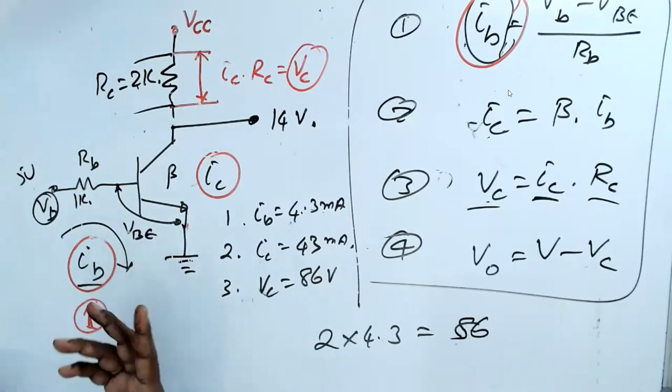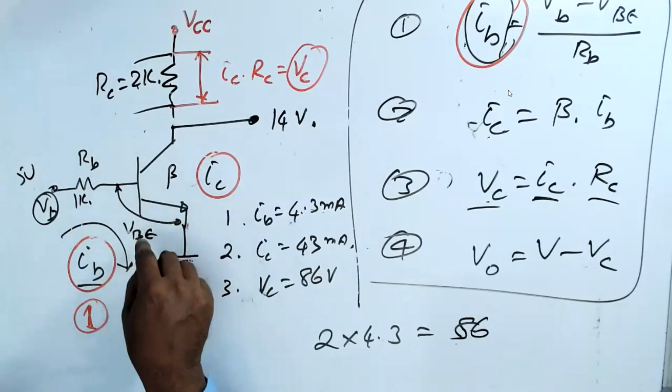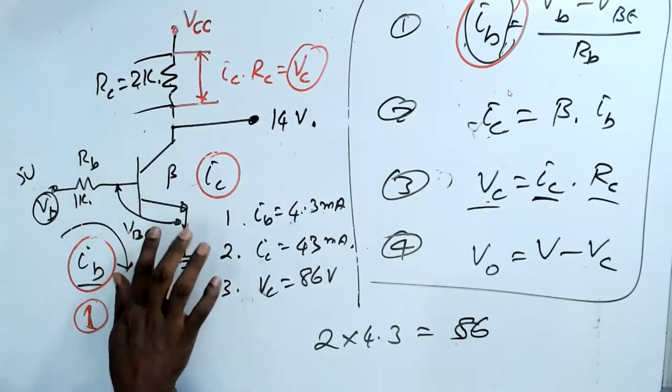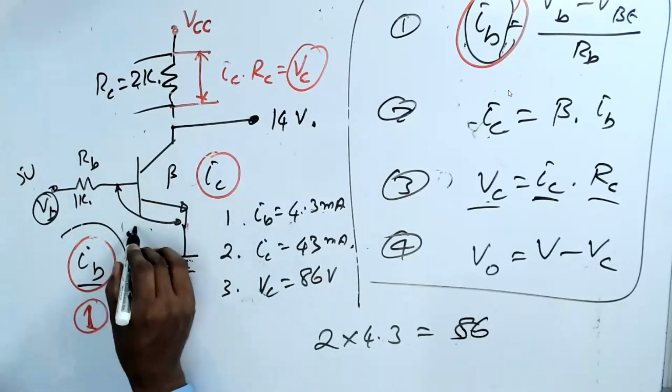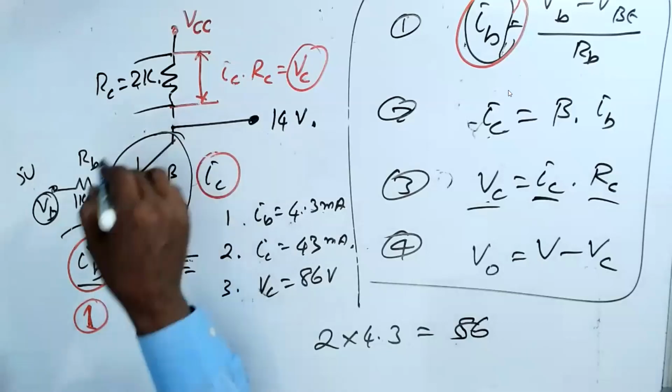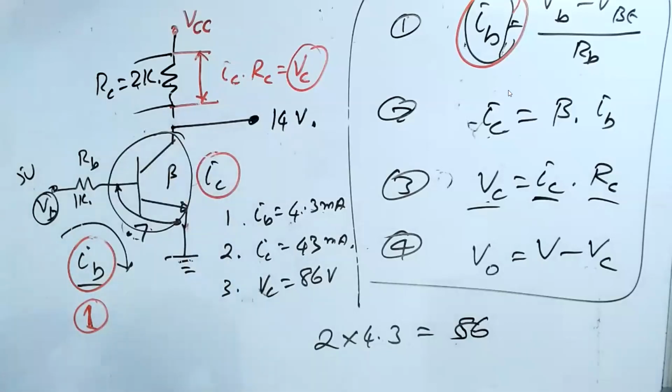On VBE there is no resistor. You cannot add one. That's a transistor thing. You cannot change it. VBE is always 0.7 volt in silicon. These are all transistor properties. You cannot change it. That's a property of the transistor diode.